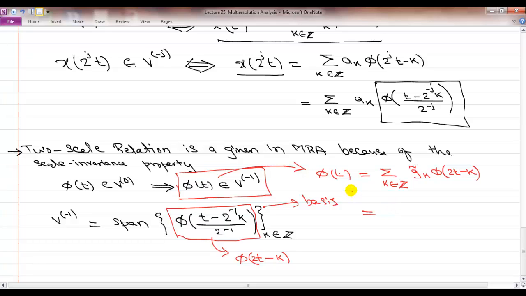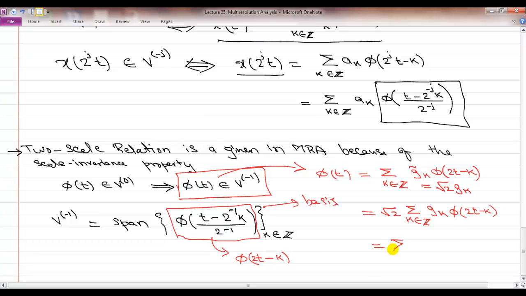If you remember, we not only do the dilations, but we also divide or multiply by the right factor to make sure that everything remains orthonormal. So I can always write g tilde k equal to square root of 2 times another factor g of k. And so I'll write that as square root of 2, sum over k belongs to Z, g of k phi of 2t minus k.